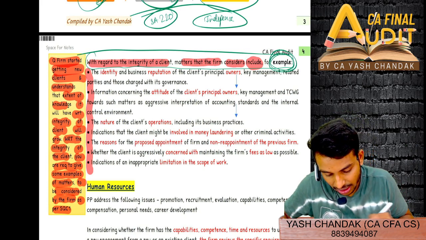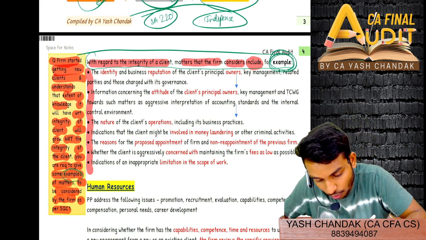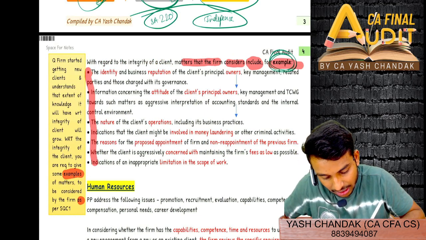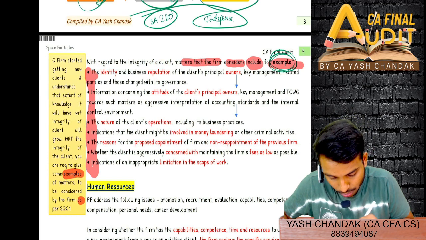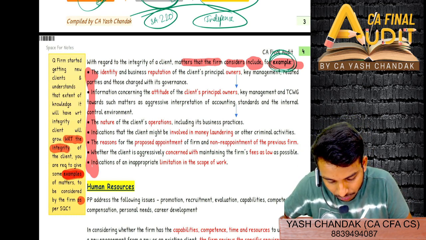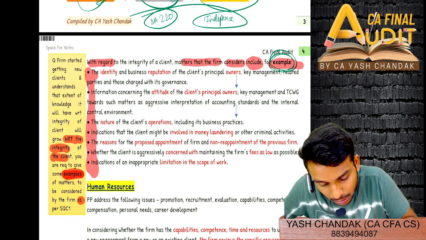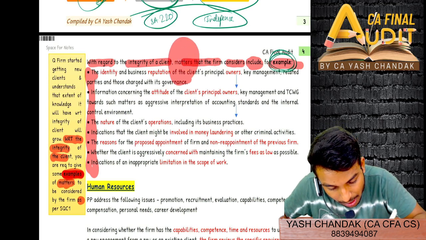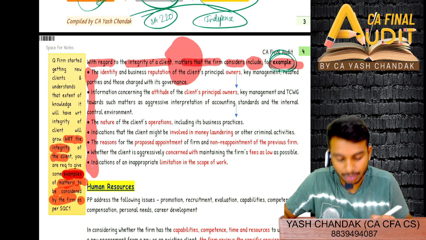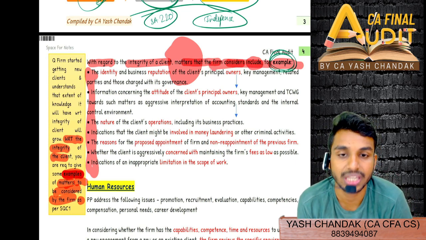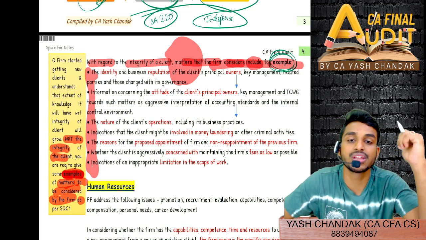First of all, they want examples, and then they want them with respect to the integrity of the client, examples of matters to be considered by the firm. Are you getting this? That is why I was saying the line above the answer is very, very important.